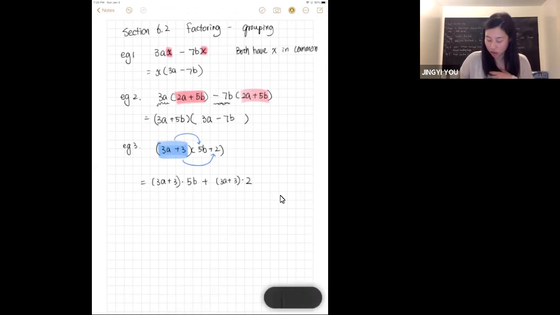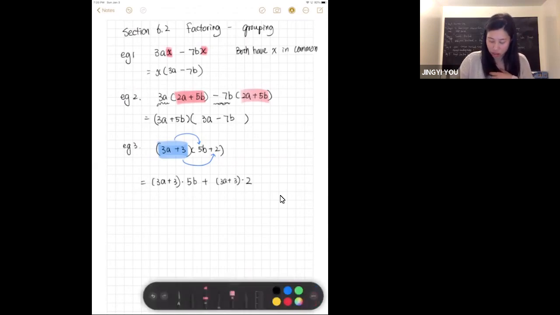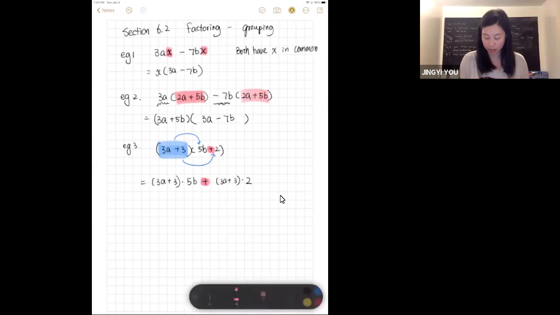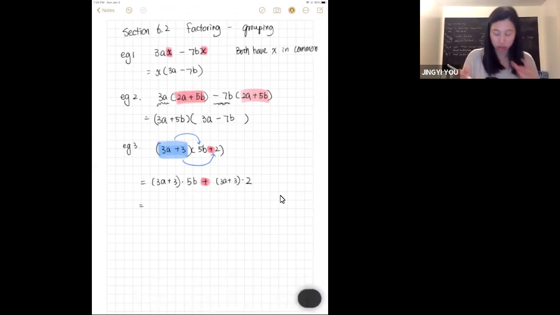Because in here, this is a plus. So that's why for the second time, we need to keep it consistent, so it's also a plus, not a subtract. Okay, so now what's the next step?